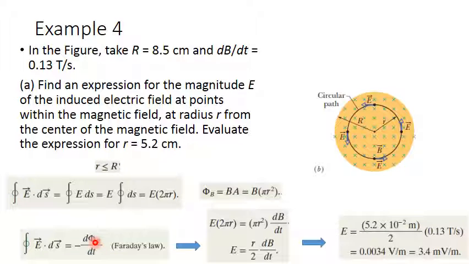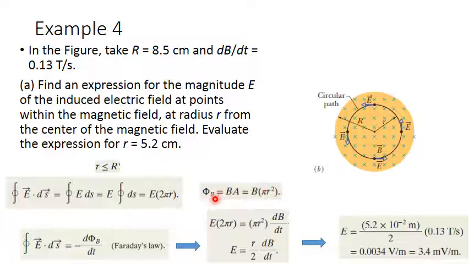And phi B is the total flux which passes through this loop. So phi B in this case would be the magnetic field B multiplied by the area of the circle with a small r.